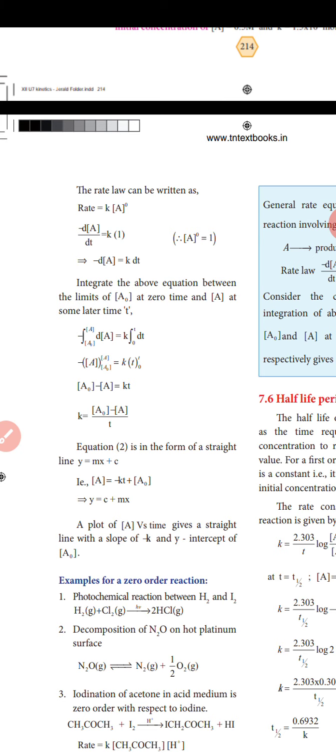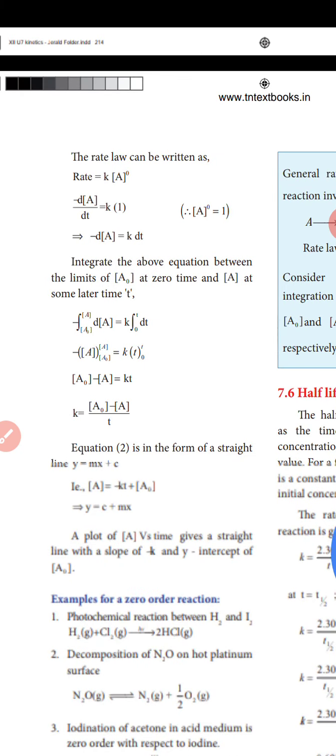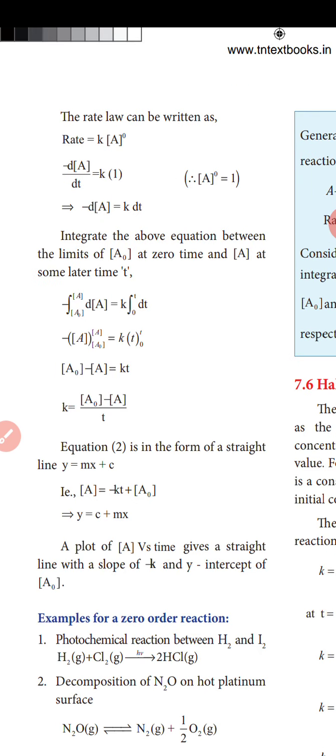So minus the integration from initial state to final state of d of A is equal to the constant k times the integration from initial state to final state of dt. So A naught minus A is equal to kt. So k is equal to A naught minus A by t.